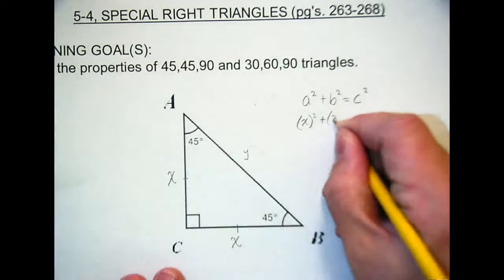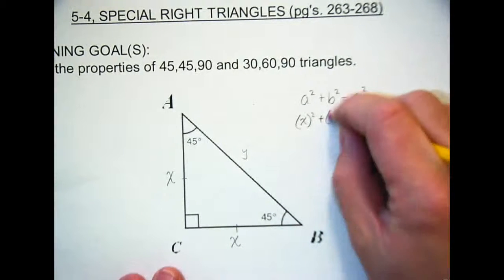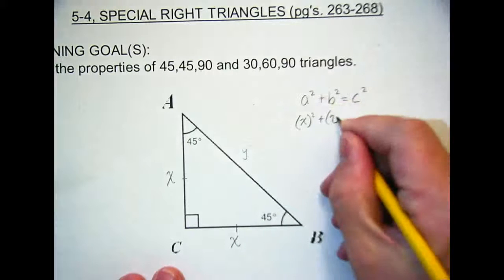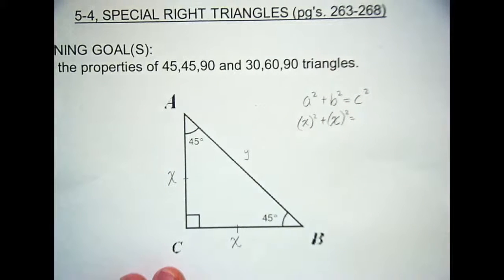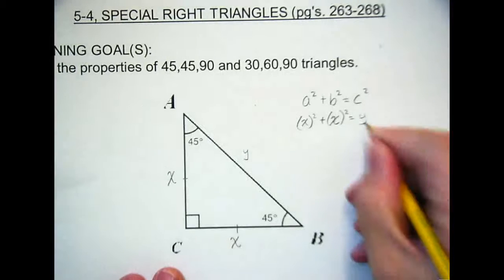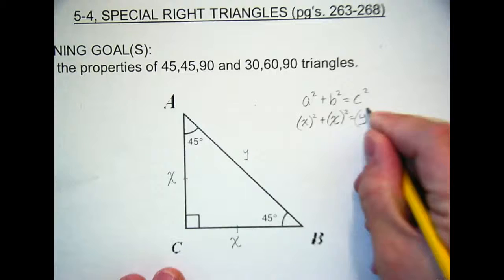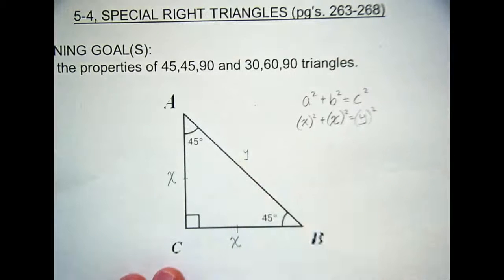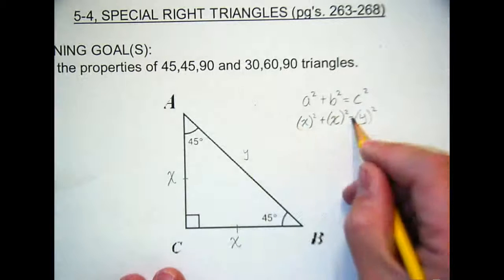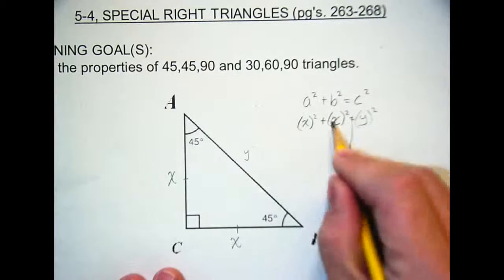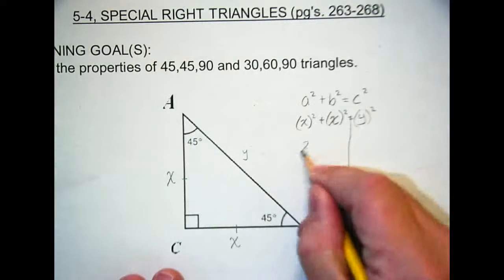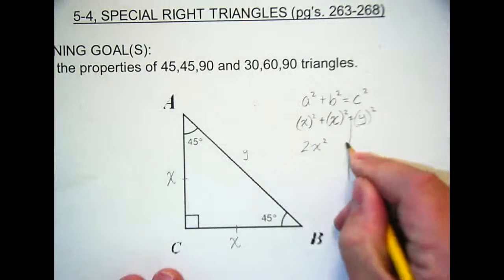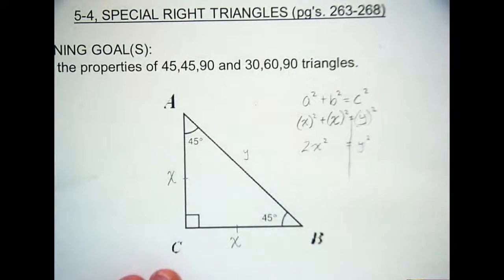X. So that is also x squared. And c we're calling y. I want to solve for y, so we got y squared there. On this side of my equation, how many x squareds do I have? 2. 2x squared equals my y squared.